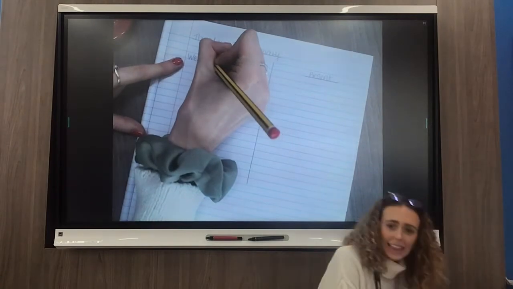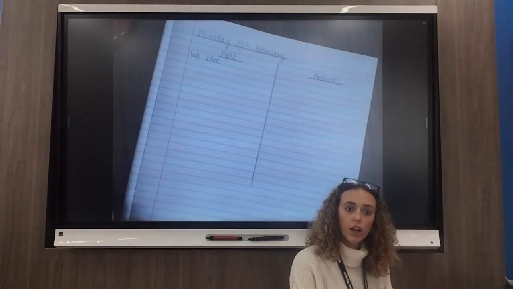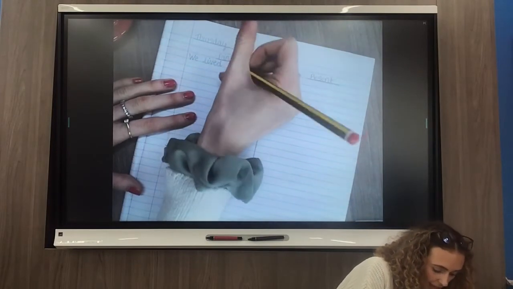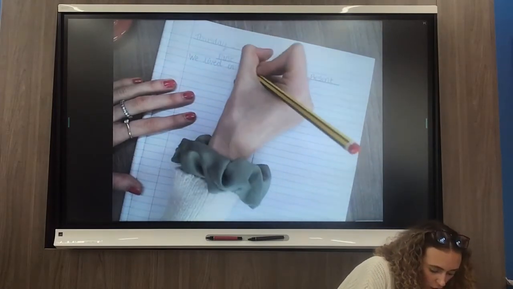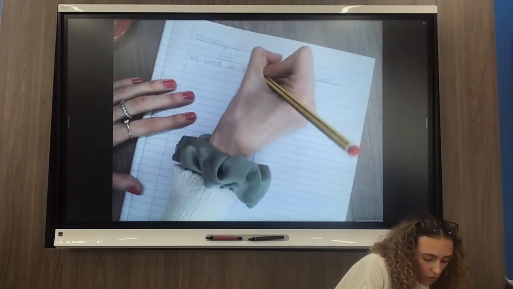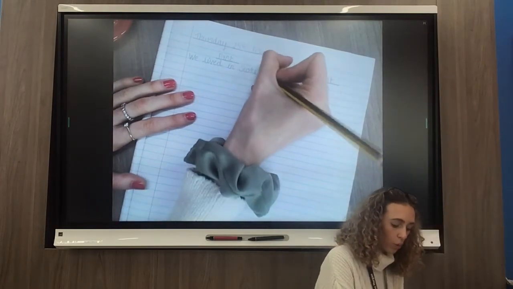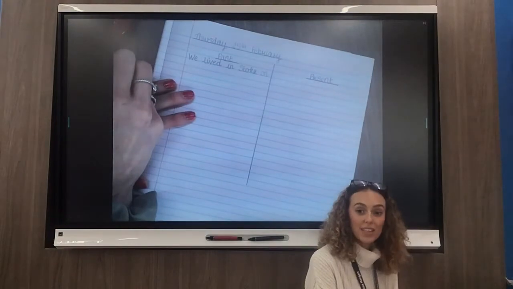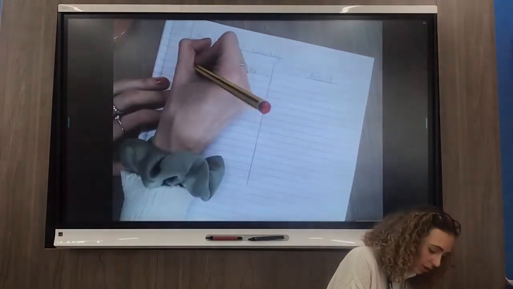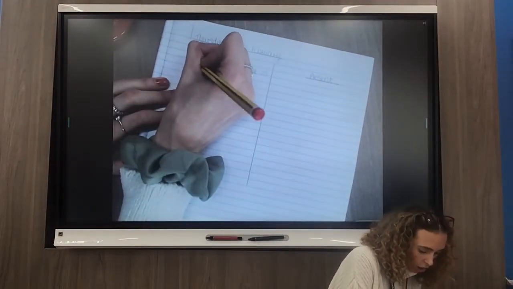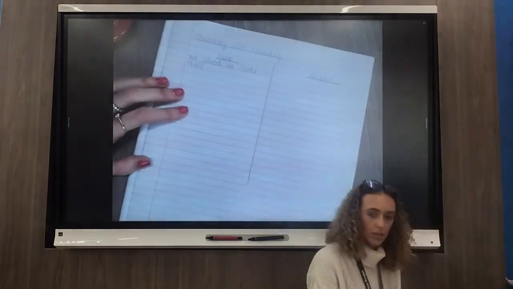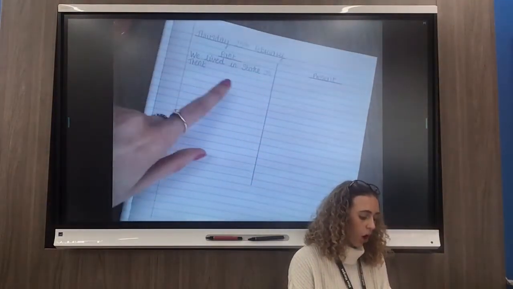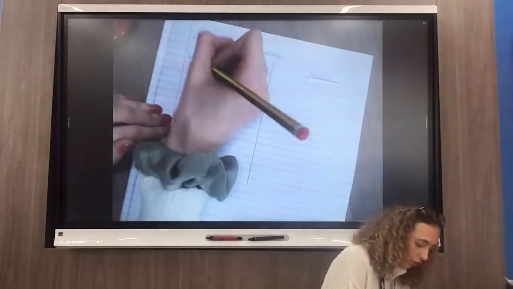Ooh, is it we live or we lived? We lived. We lived in Stoke-on-Trent. Now, why does Stoke-on-Trent have capital letters? Because it is a name of a place. Well done if you got that correct. Stoke-on-Trent. So let me check my sentence. We lived in Stoke-on-Trent. I forgot my full stop.